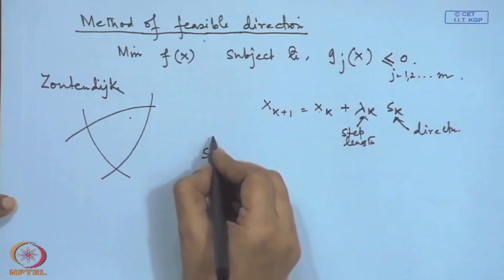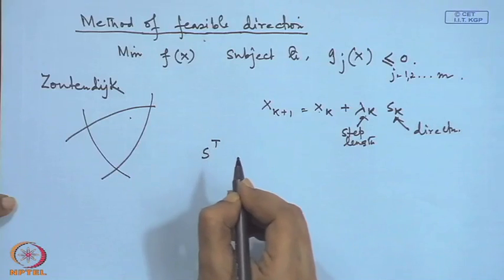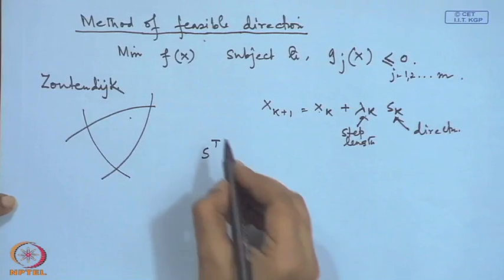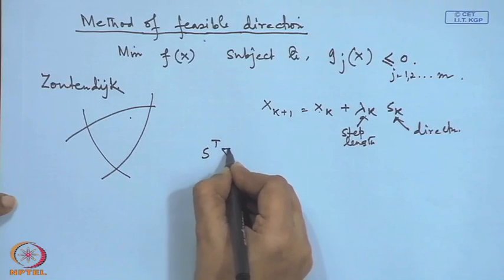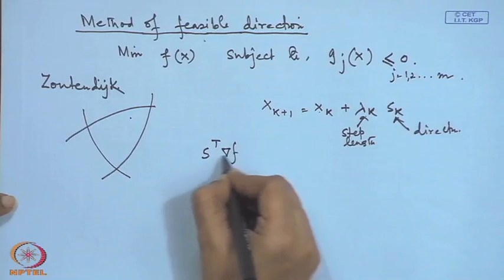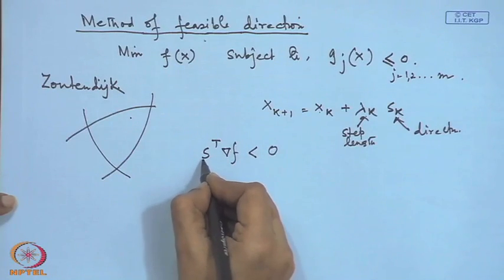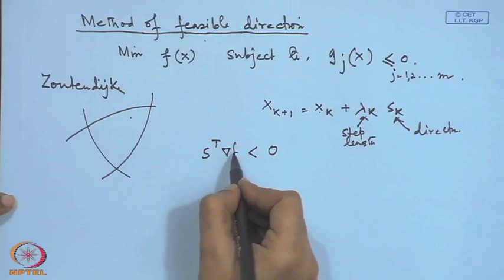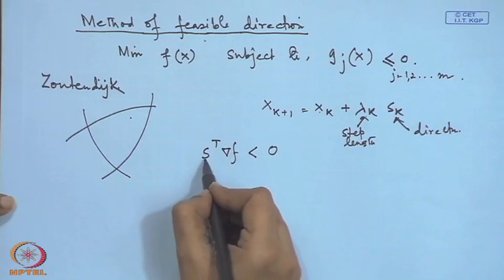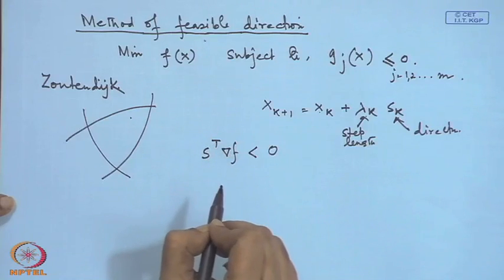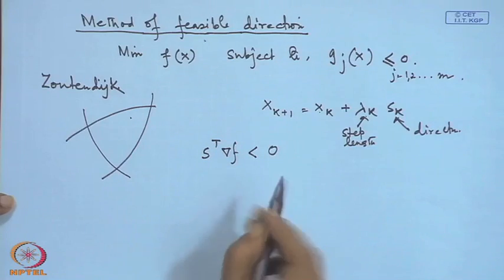If you remember, we did that in the KKT condition, when we described it in detail. We said that this dot product, if S is the feasible direction and grad f is the gradient of the objective function, always makes an obtuse angle, that means it is less than 0.